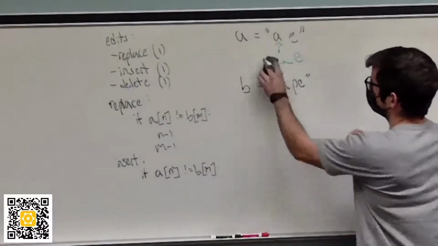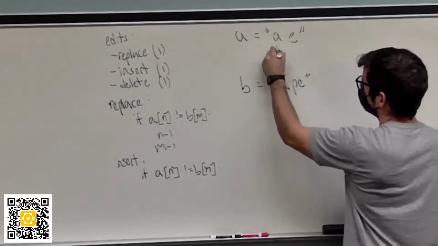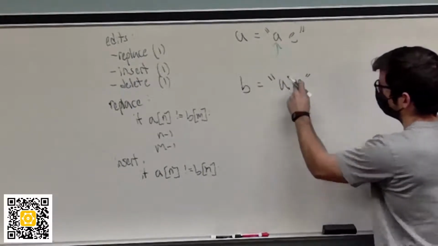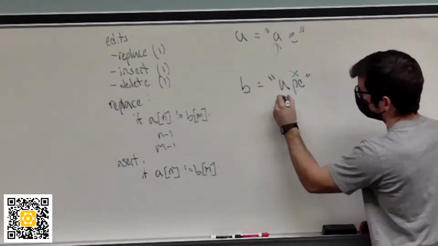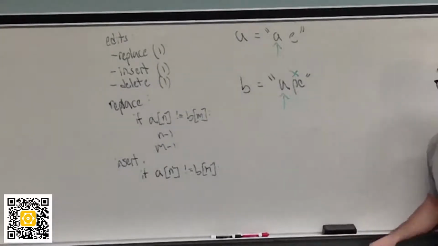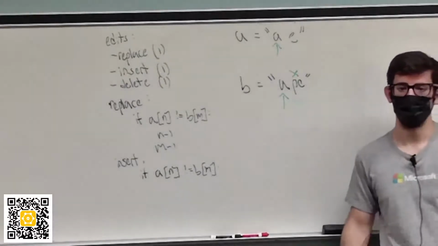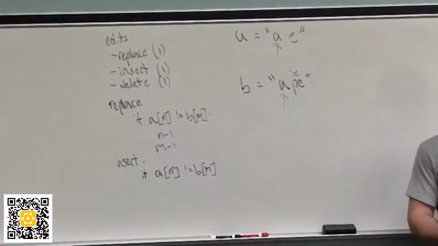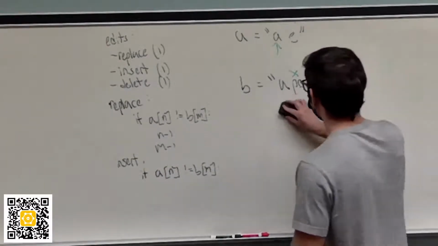But now let's say we're trying to do B to A. P does not match A, so we delete P, and then move this arrow down, and now they match. Do you see how it's insert for one way, but delete for the other way? All right, cool, nice. That was good.